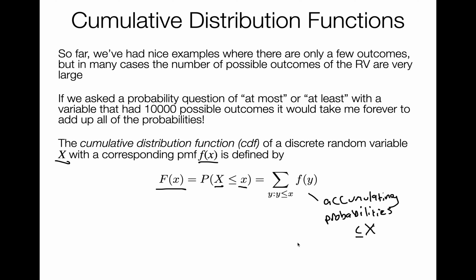So it's accumulating probabilities for values of x that are less than or equal to x. So that's the CDF. Okay, it just gives us the probability of everything happening up to and including that point x.